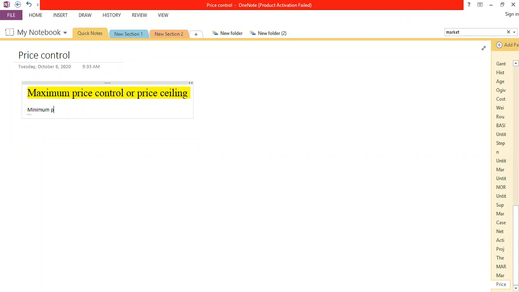Number 2 is another circumstance, again, where maximum price control is a measure taken by the government in the country. Number 2 is what we call the minimum price control. And we can also call this one a price floor.